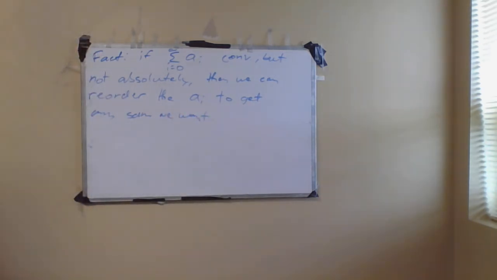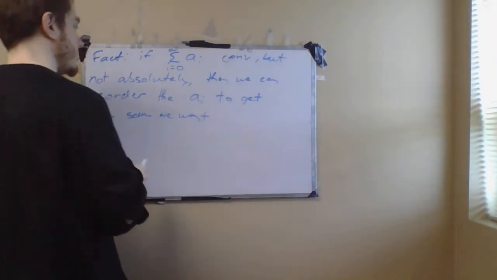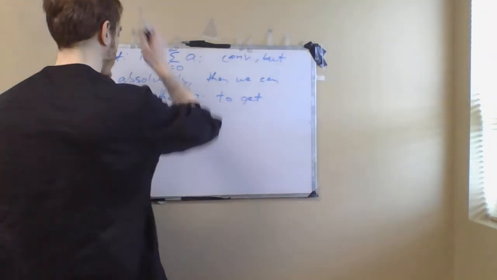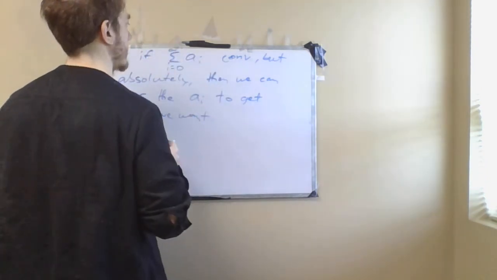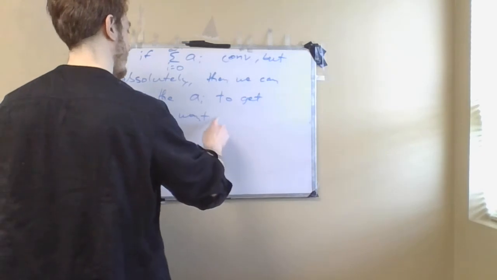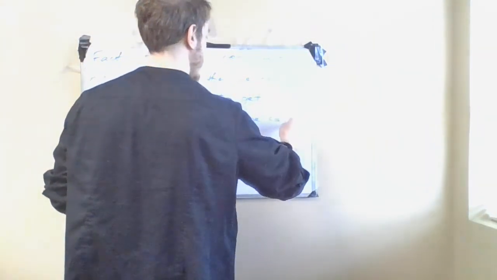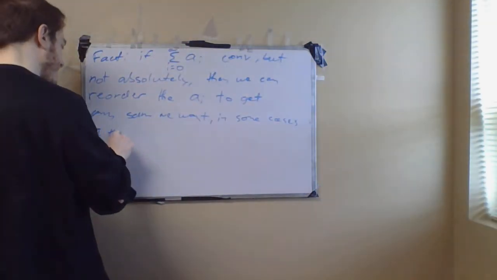So why is this true? Okay, I shouldn't say that we can do this in general, but actually, yeah, I think we can do this in general. But let me just say, in some cases, we can do this.